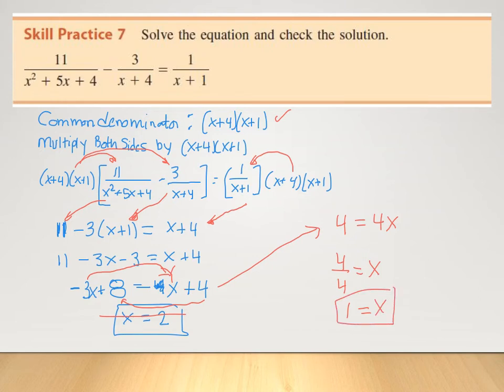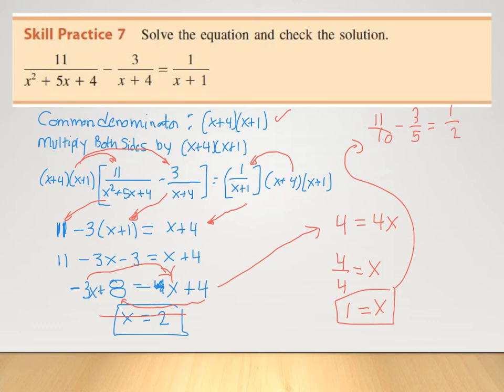Now we should check this thing out, right? So if we do check this out, we get 11 on top, and 1 plus 9 is 10, minus 3 over 5 is equal to 1/2.